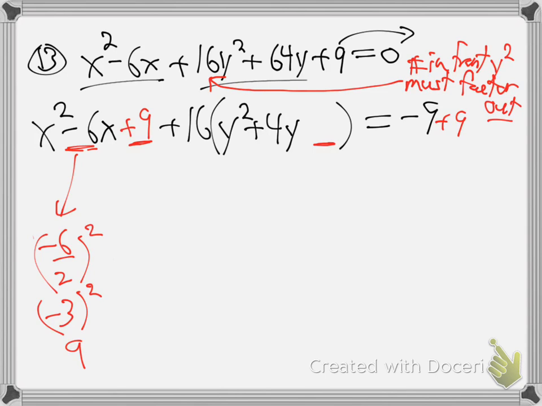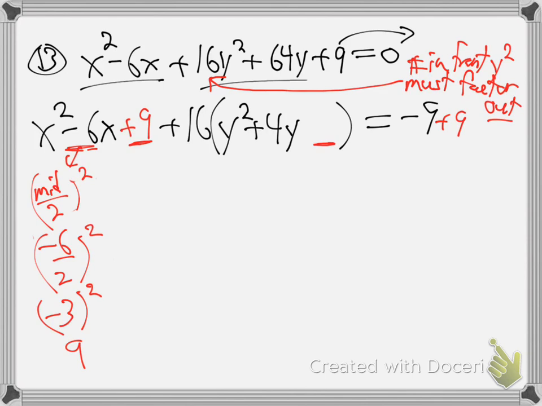It's always the middle number, mid over 2 squared. It's always like that. So that tells you exactly what you need to add to both sides.